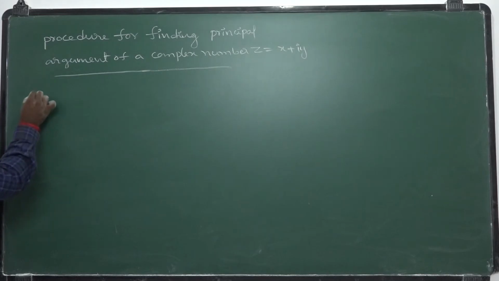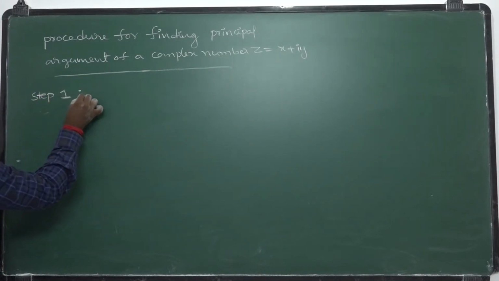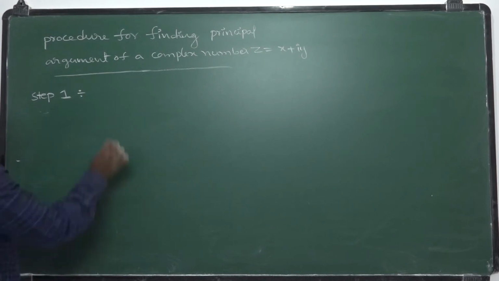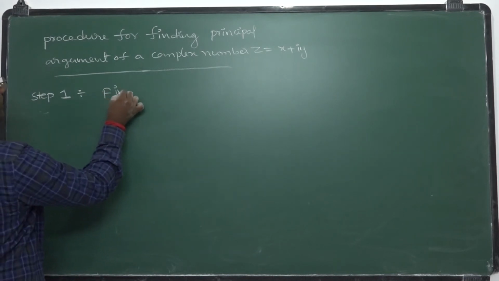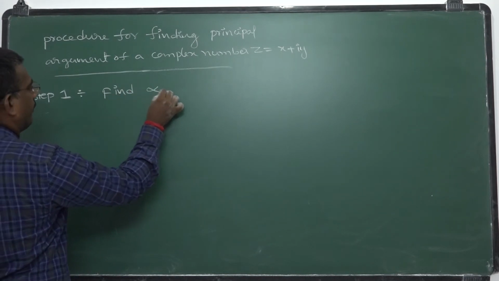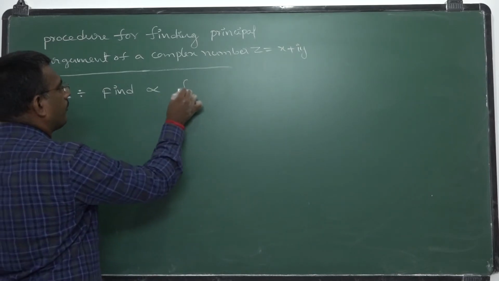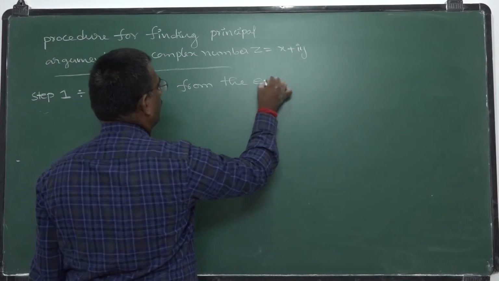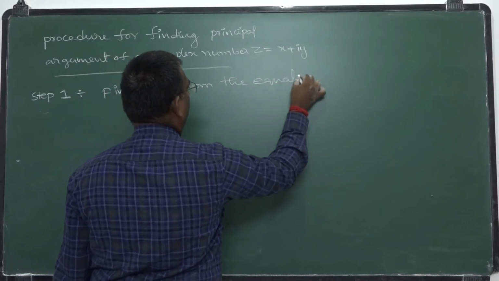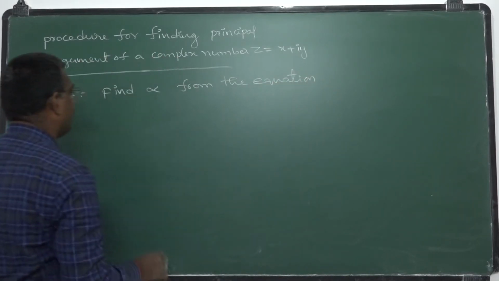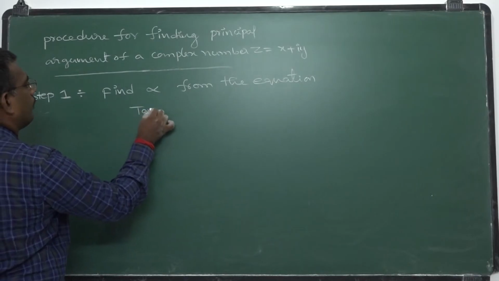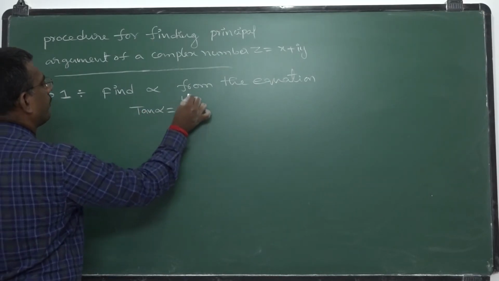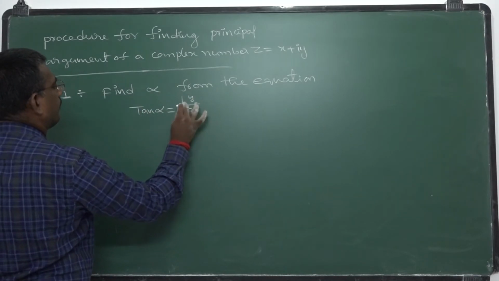Step 1. Find alpha from the equation tan alpha equal to modulus of y by x.